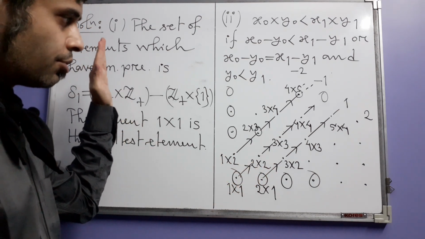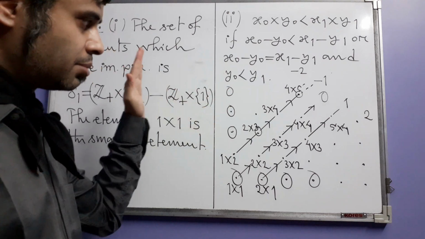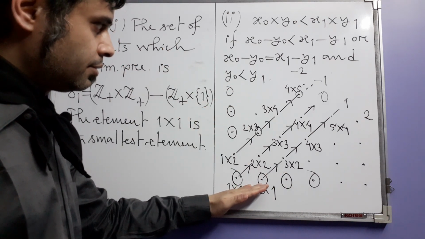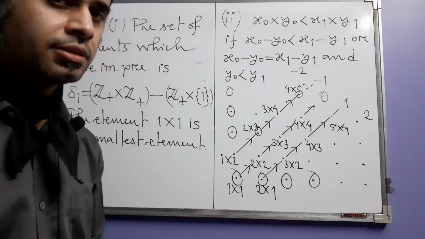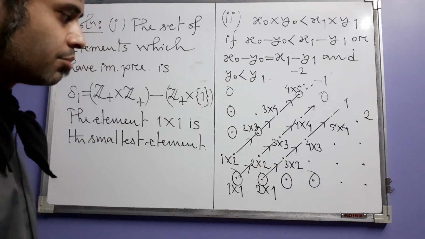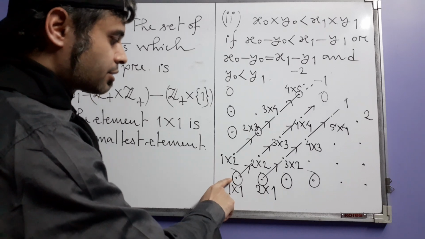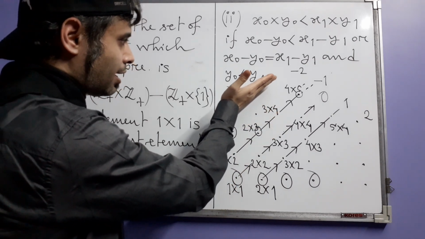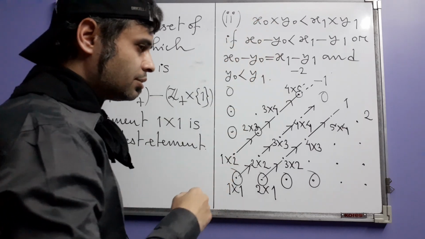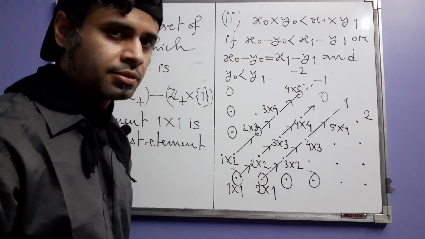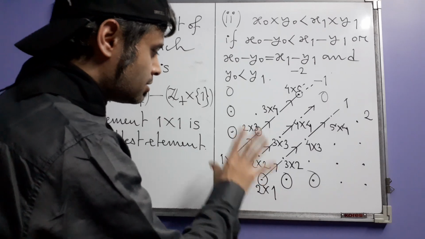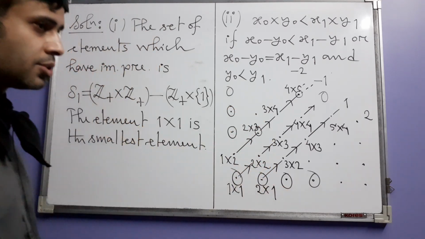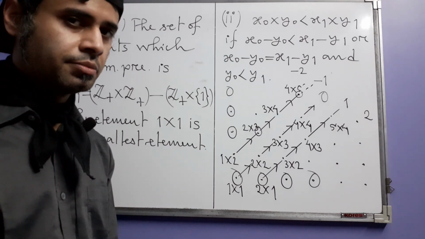If you just rotate the dictionary order by 45 degrees, the smallest element vanishes. Why? Because now things really are not starting at this point. You can continue to look at higher and higher lines, getting smaller and smaller points. So in this order, the set Z plus times Z plus does not have a smallest element.